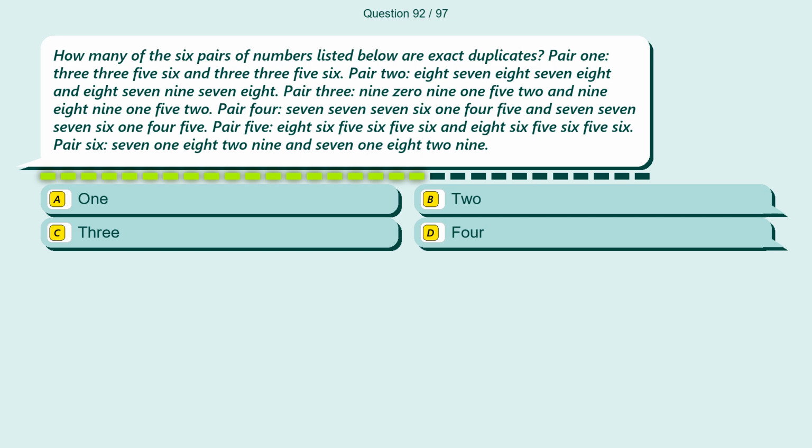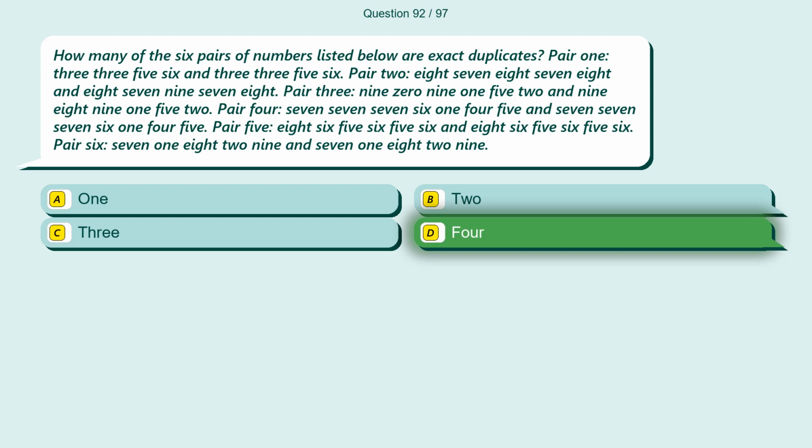Pair 3, 909152 and 989152. Pair 4, 77766145 and 77766145. Pair 5, 865656 and 865656. Pair 6, 71829 and 71829. Option A, 1. Option B, 2. Option C, 3. Option D, 4.